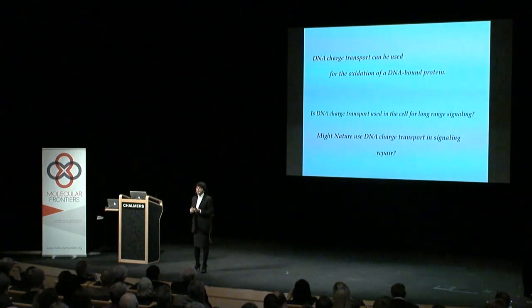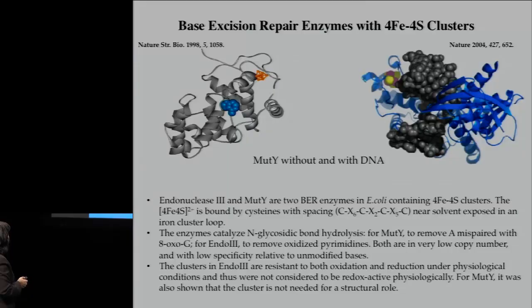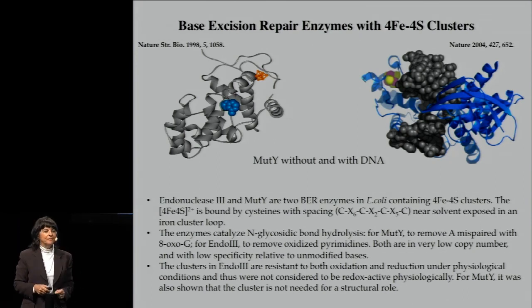In us, with those base excision proteins, if we have a mutation in that base excision repair protein, we'll have a predisposition to colon cancer. So how are those proteins finding that needle in a haystack? Well, it turns out that for a subset, these base excision repair proteins, they have a 4-iron, 4-sulfur cluster in them. They have a little bit of iron.